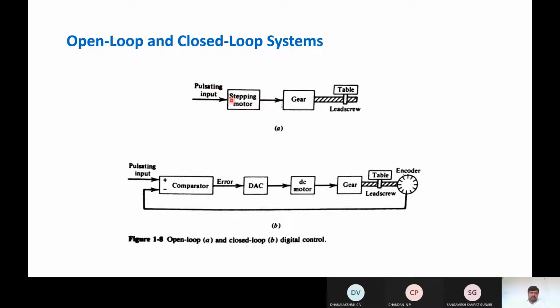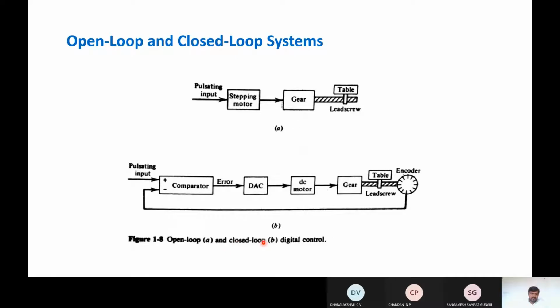Here the input to the motor is in the form of pulses. It results in rotation of the gear, and with the help of the lead screw, you get the linear movement of the table. Here you are not using any feedback devices. You are not using sensors to measure the position of the table.